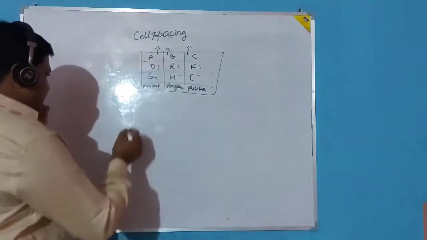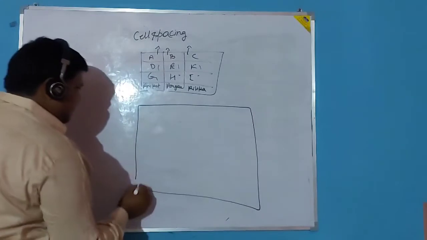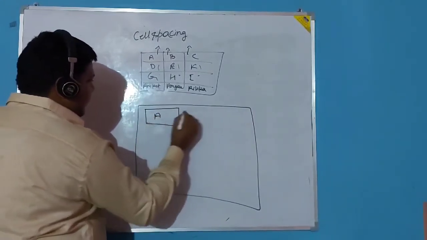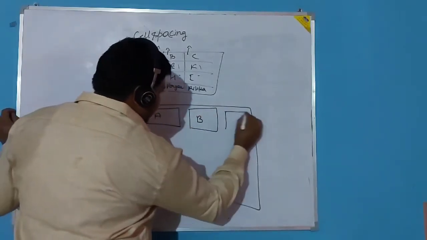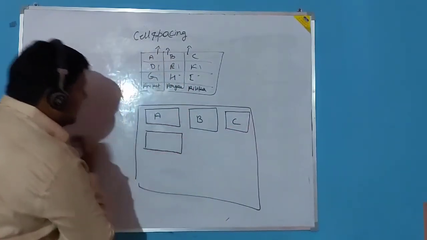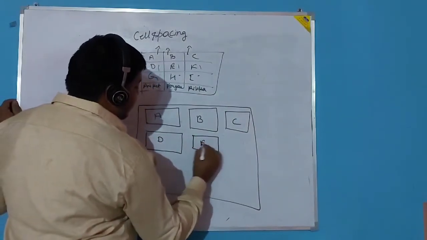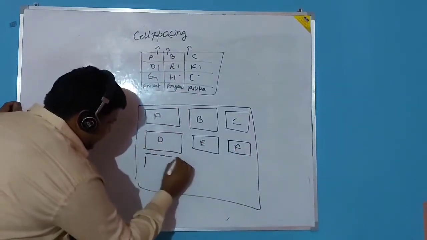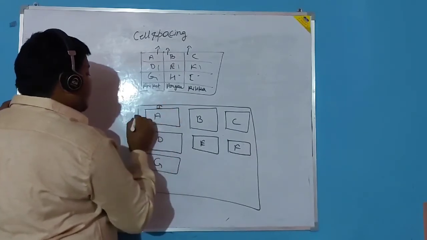Look here: cell A, then cell B, then cell C. All the cells have some space. Then cell D, cell E and cell F. Like that, cell G. All the cells have space from all corners.